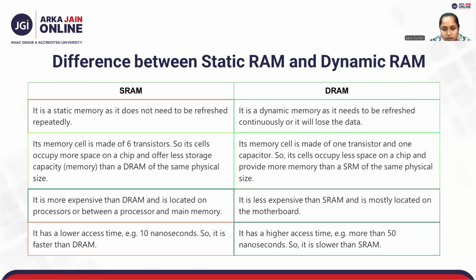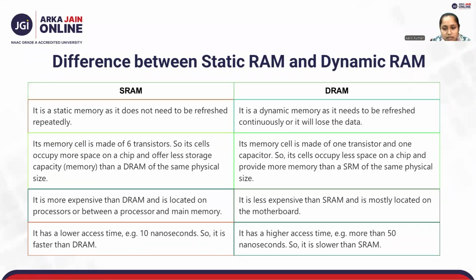In DRAM, the memory cell is made of one transistor and one capacitor. So its cells occupy less space on a chip and provide more memory than an SRAM of the same physical size. SRAM is more expensive than DRAM and is located on the processor or between a processor and main memory.